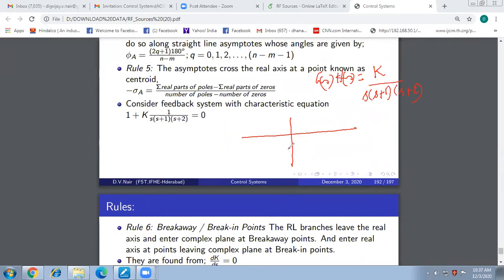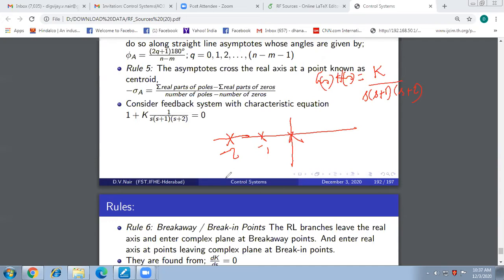Now plot the open loop poles and zeros. There are no zeros. There are 3 open loop poles, at the origin, then at -1, and then at -2. Right? So we have these 3 open loop poles. Now, how many branches will terminate at infinity here?